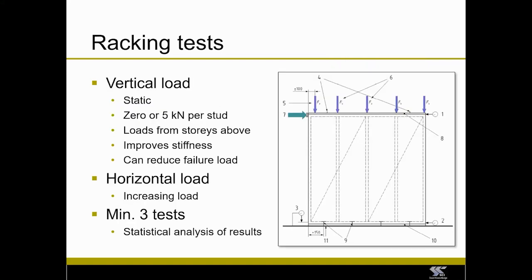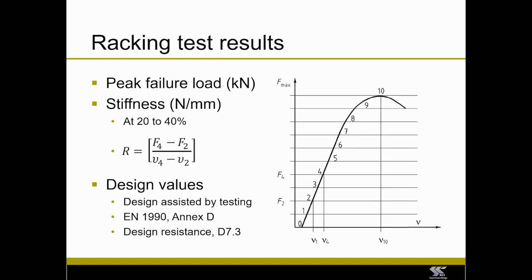The tests can be carried out with or without vertical load applied to the panel, but basically it's a panel that is then subjected to a horizontal load, and the deflections are measured along with the level of horizontal load that is applied. You need to carry out a minimum of 3 tests to make sure that you can judge the variability that you get, and then you can carry out statistical analysis on those tests. Obviously, the more tests that are carried out, the more reliability you can place on the group of tests.